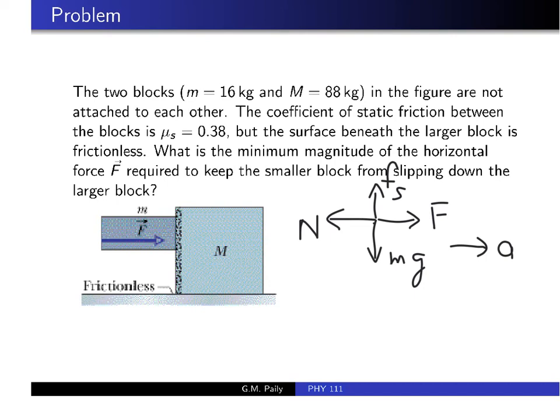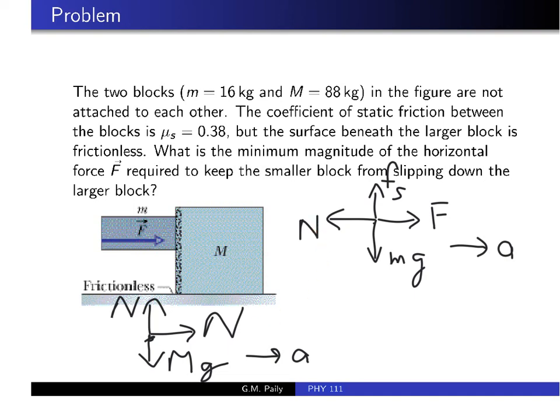What about the free body diagram for the larger block? This is the free body diagram for the larger block. We have the weight of the block, we have the normal force from the table to the block, and we have the normal force from the little block to the block. This normal force and this normal force are action-reaction pairs.